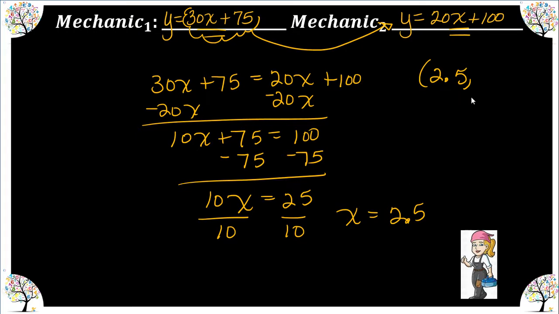Now let's take that x value and plug it into either equation. I'm just going to plug it into the second one. So y equals 20 times 2.5 plus 100. So we have 2.5 times 20.